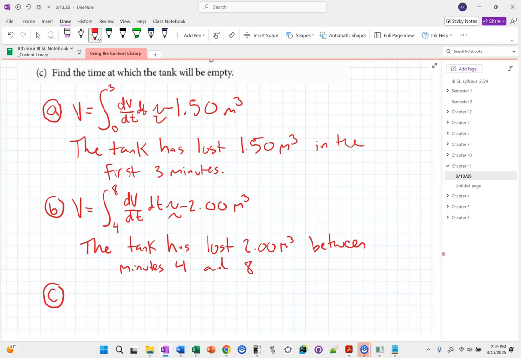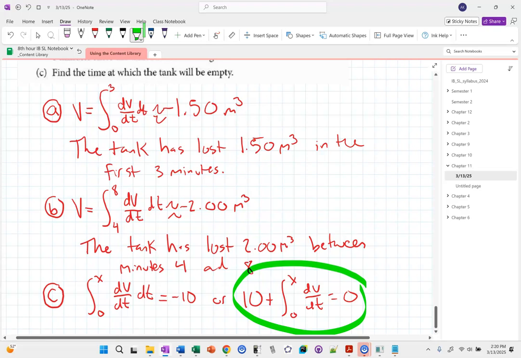You can either see when this is x equal to negative 10, or if I add 10 to both sides, solve when that's equal to 0. It's doing the same thing.